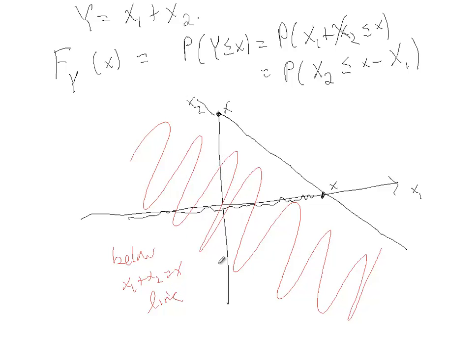Notice that for any point I choose here, whatever it is, call it x prime, y prime, all these points satisfy the condition that X1 plus X2 is less than or equal to x. So to compute the probability that Y is less than or equal to x, I need to integrate over this region in the X1, X2 plane.